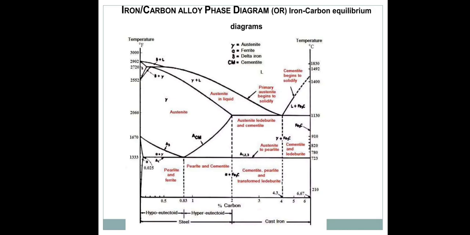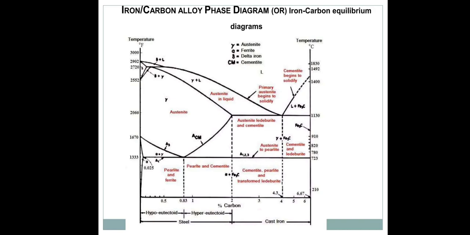Pure iron is an allotropic metal. Allotropy refers to the possibility of existence of two or more different crystal structures for a substance depending upon temperature. This phenomenon is also known as polymorphism.